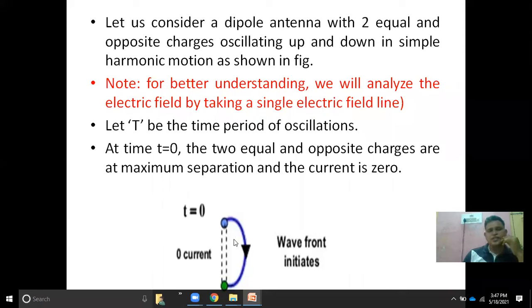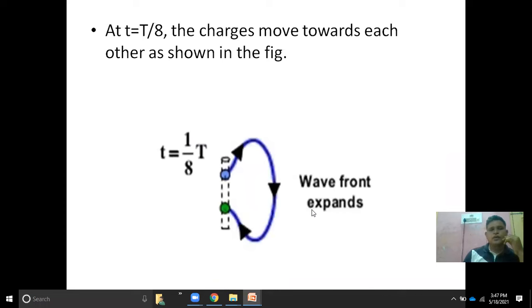Here the wave front has just initiated. This is the electromagnetic wave front. Similarly, at t is equal to T by 8, a small amount of the time period, you can see that the positive charge is coming here and the negative charge travels from this point to this point.